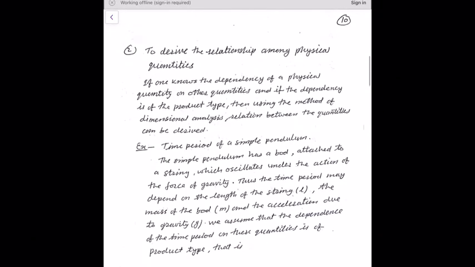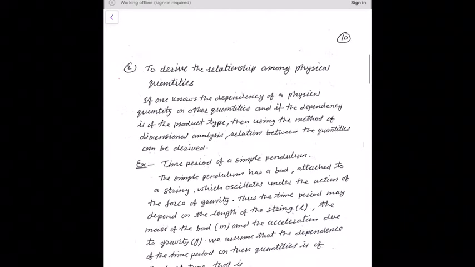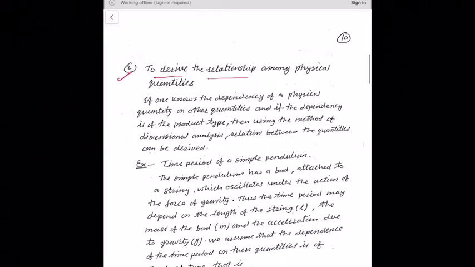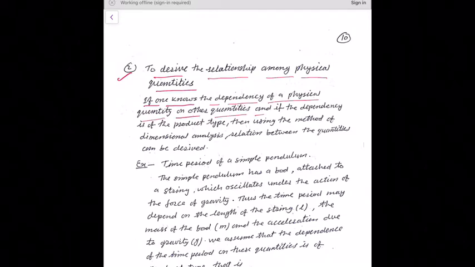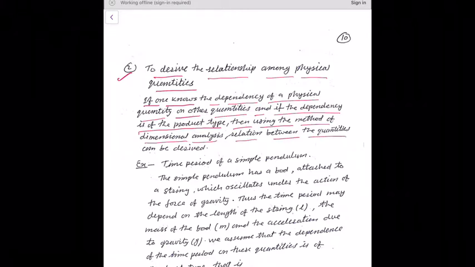Second, to derive the relationship among physical quantities. If one knows the dependency of a physical quantity on other quantities, and if the dependency is of the product type, then using the method of dimensional analysis, the relation between the quantities can be derived.